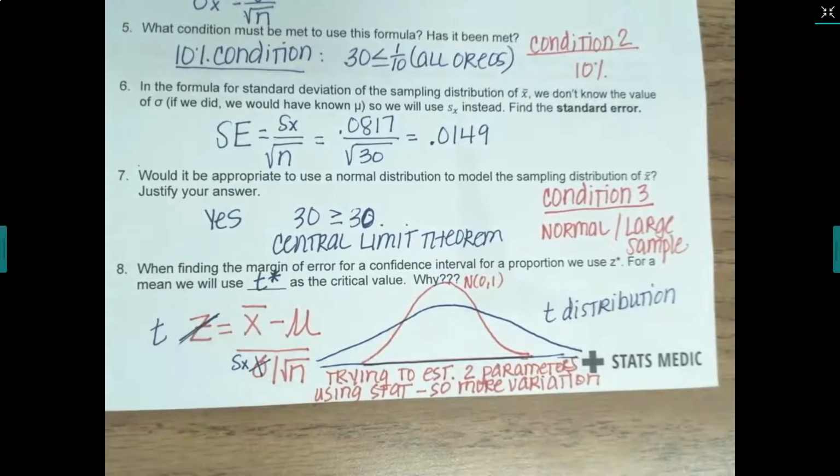Okay, so this is only going to happen on the means. When we're doing proportions, we'll still use what we've always been doing with this z-star. So remember when we were naming our procedures, we always said with a z-interval or z-test. Now we're going to have a t-interval and a t-test because we have to use this other distribution.